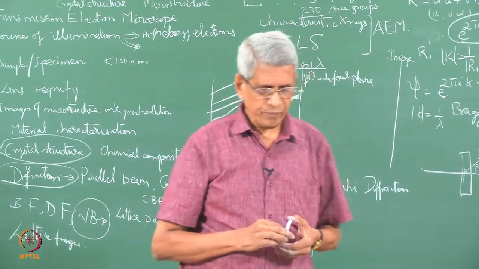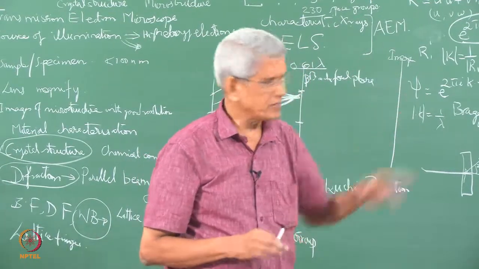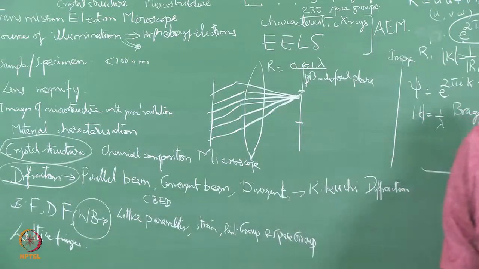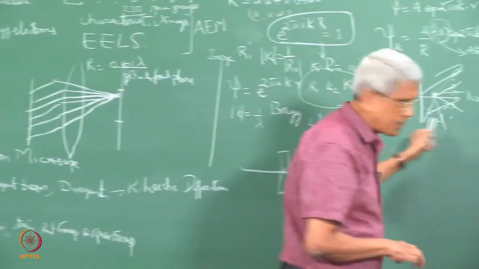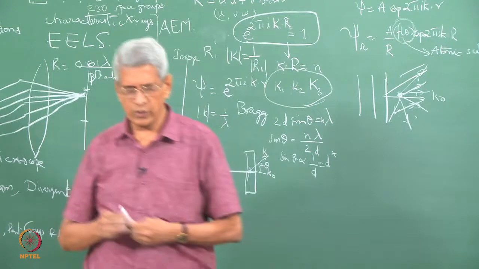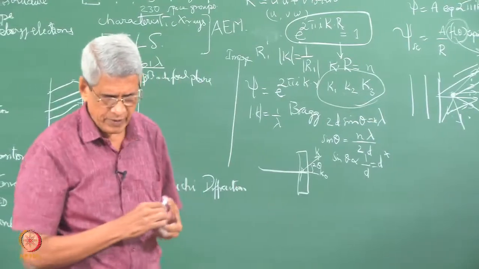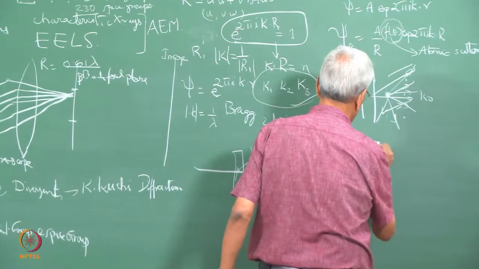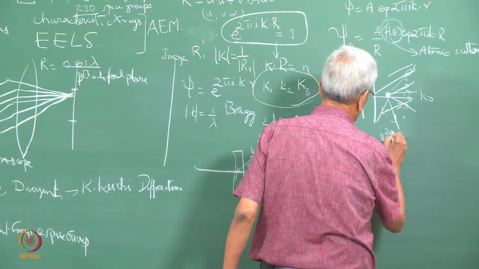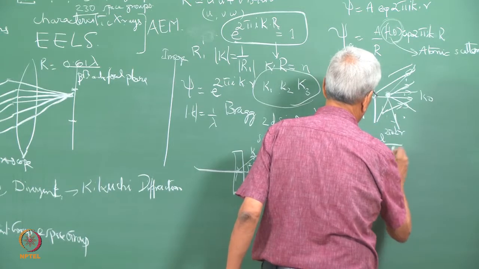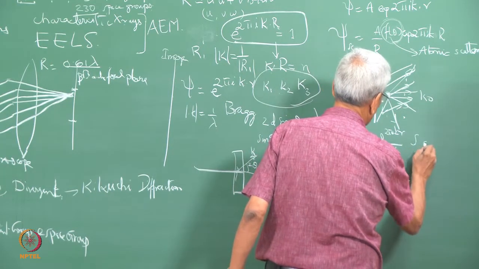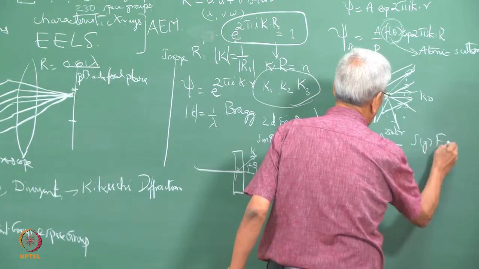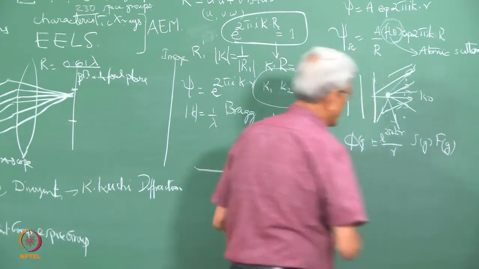Then from the full volume of that sample, that is how many scattering centers are going to be there in the material, we have to take that into consideration. On that basis we will get that the amplitude phi g will be equal to kr by r into two terms, Sg and Fg.